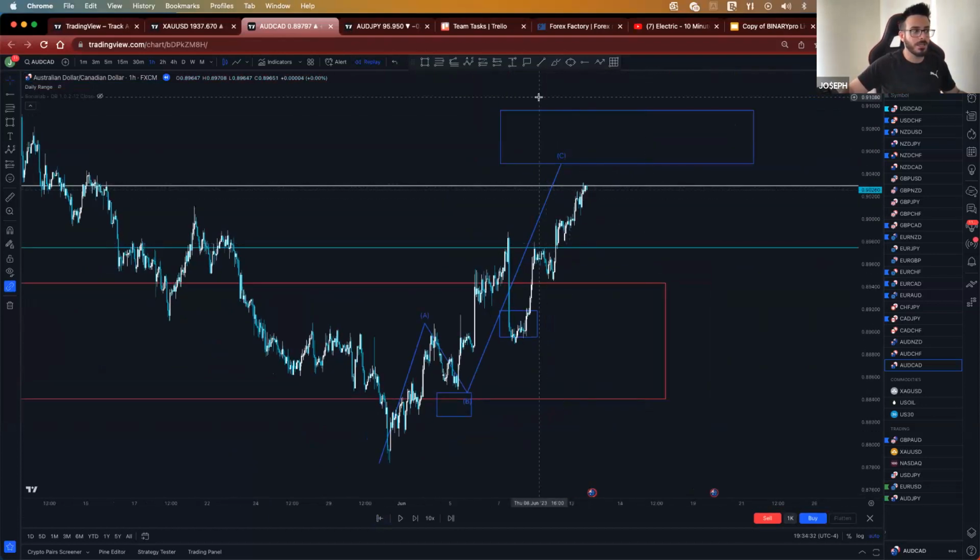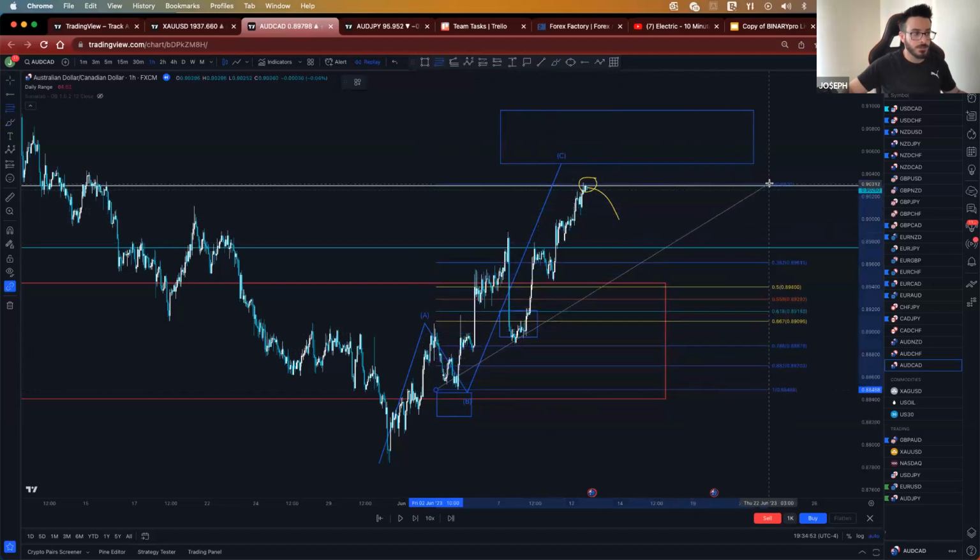Now let's say the price stopped over here, didn't come up to the sequence target, and started dropping down. What I'm going to do is take my fib from the B point to the higher high that we have, and I'm going to trade this area.